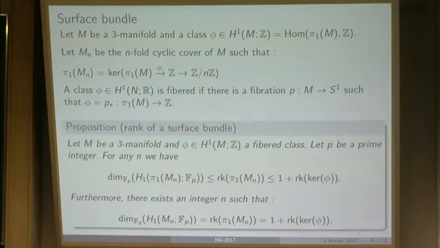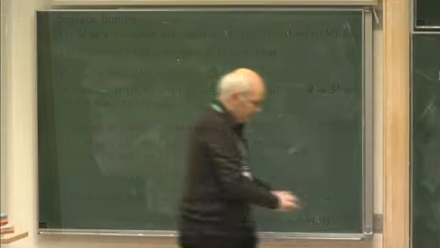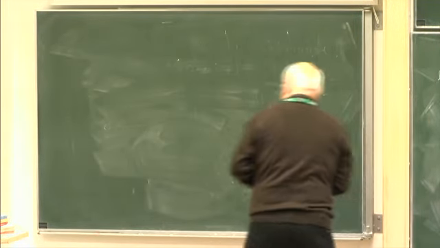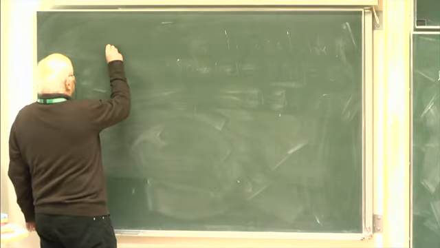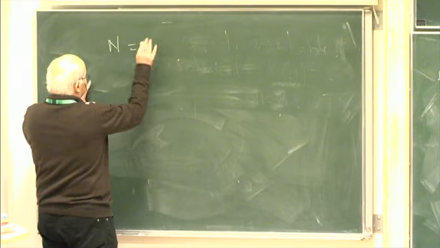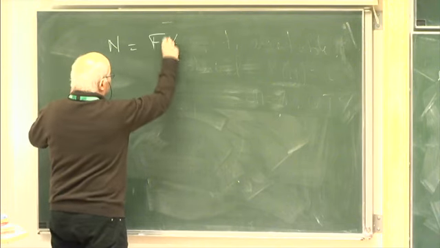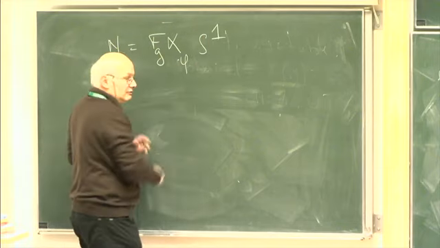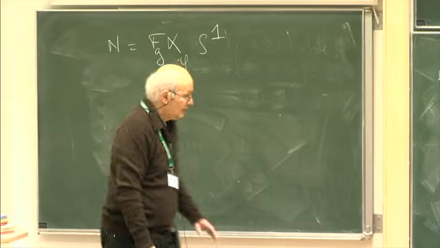What was the key point? Just to be short, the key point is the following fact. Take N, say, a surface bundle with monodromy phi, then you know things.